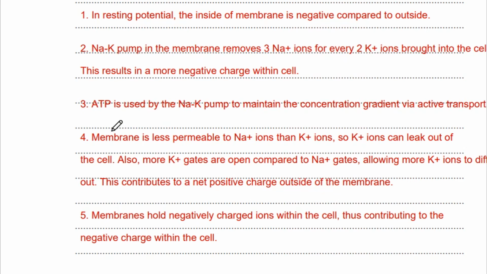The membrane is less permeable to sodium ions and potassium ions. So remember, say you have these leak channels. These potassium leak channels, right, allow the ions to leak out. There's also more potassium gates compared to sodium gates. Once again, this contributes to more movement of potassiums out.